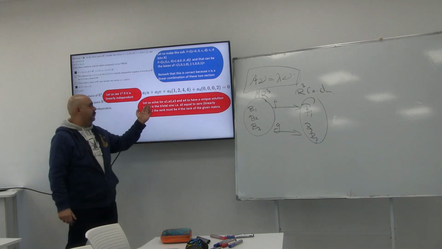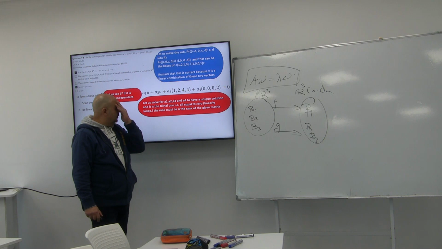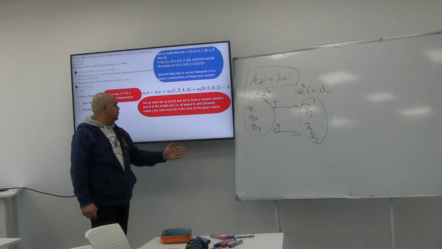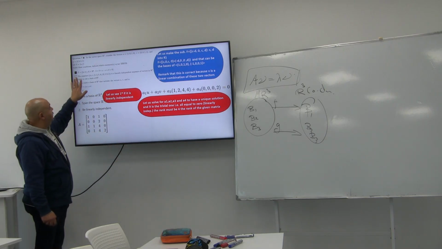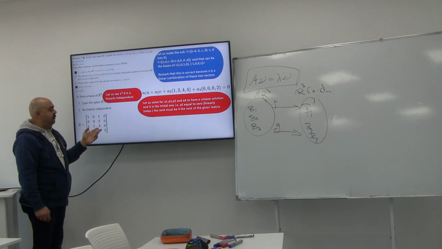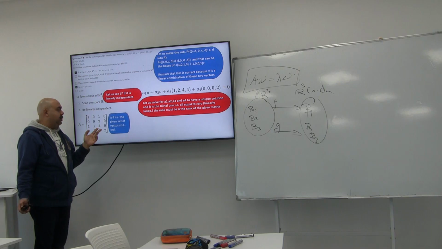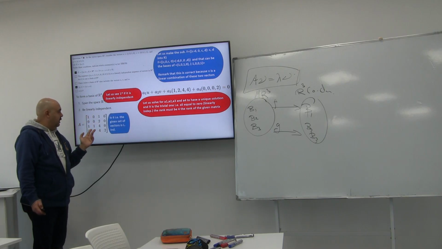Now let us solve for A1, A2, A3, and A4 to have a unique solution, and it is the trivial one, all equal to zero. So all I have to do is to put the vectors, which are 1, 0, 1, 0 and 0, 0, 1, 1. This is U and V. These are the two given vectors. Try to work your magic in order to discover the rank of this matrix.